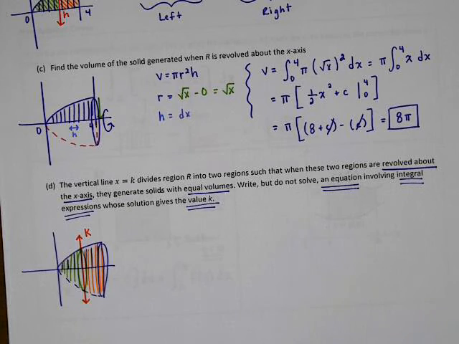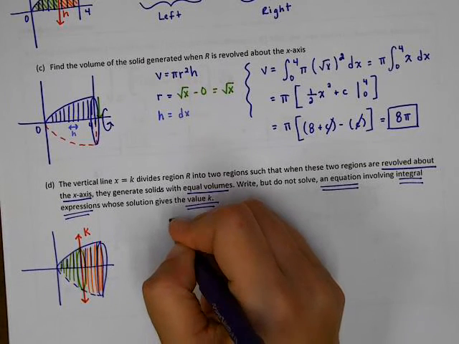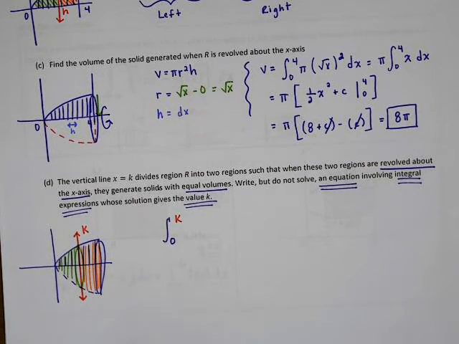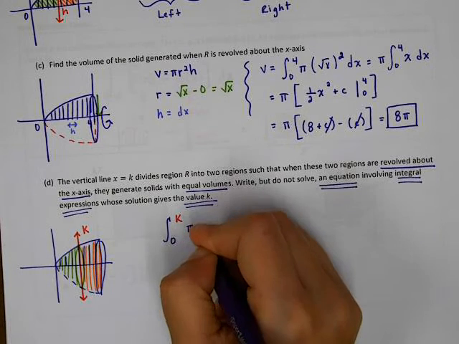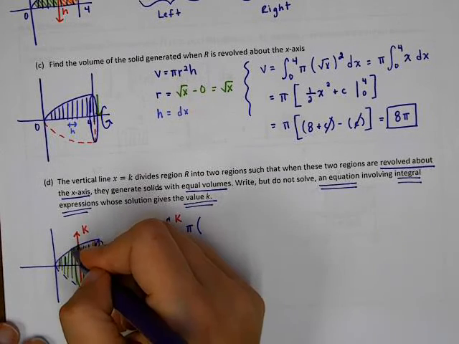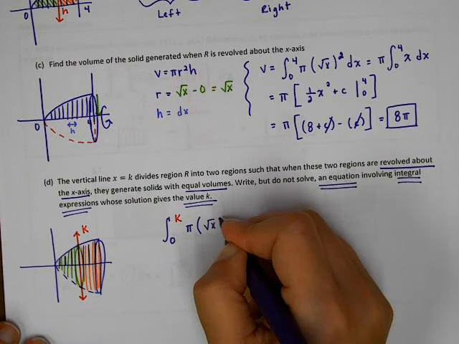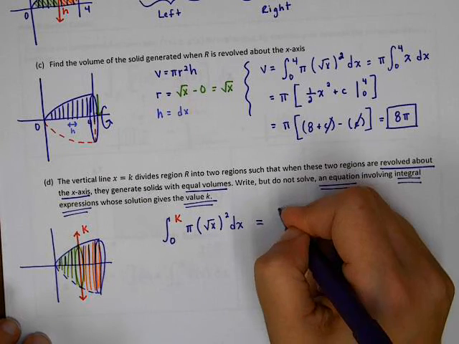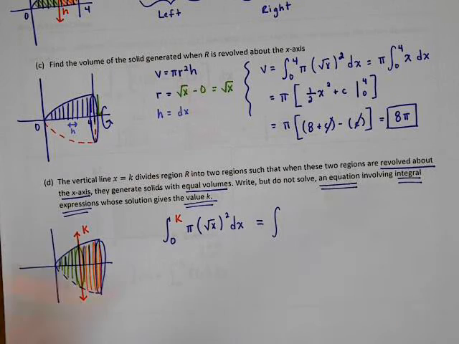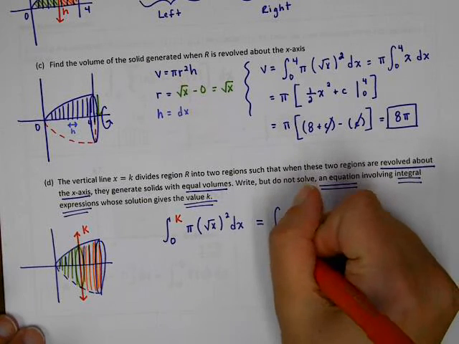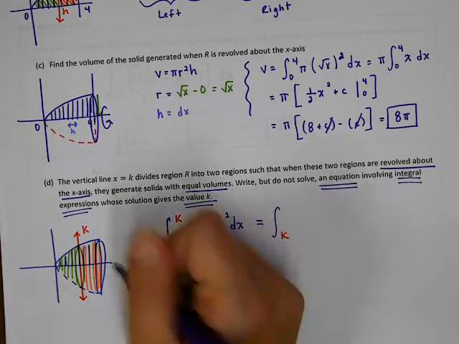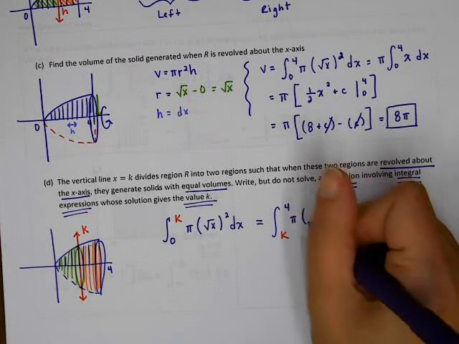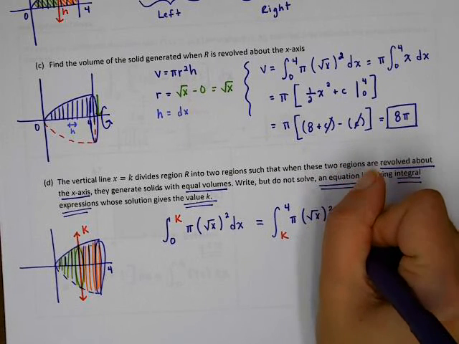So let's set up the volume on the left. The volume on the left would be the integral from 0 to wherever k is, and we would have pi times the radius, which in this case is top minus bottom, so square root of x squared dx, we want that to be equal to the integral from starting from k now until the end, which is 4, pi times the top minus bottom, which is the square root of x squared dx.